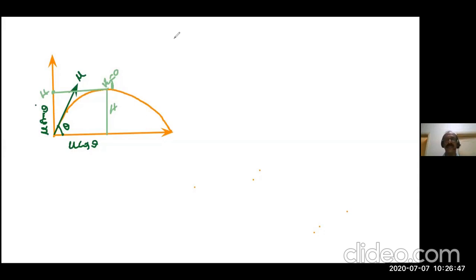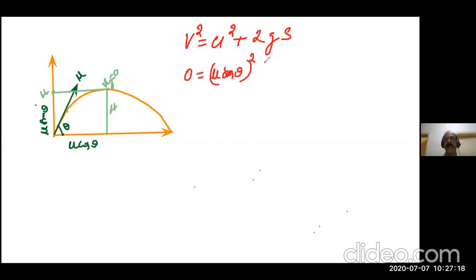Then we can write V squared is equal to U squared plus 2GS. This is a formula for a freely falling body. Vertical motion is similar to a freely falling body. At maximum height, V is equal to 0, but the initial vertical velocity is U sine theta, whole squared.